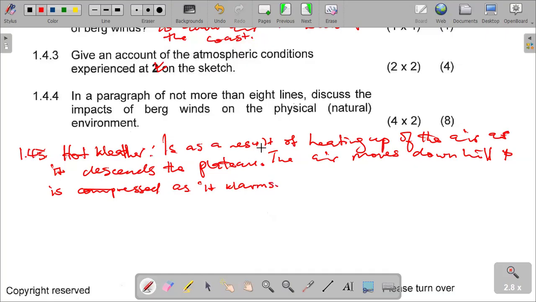That's one thing that is happening there. And then we can also talk about the blue skies. What is causing the blue skies? Give an account of the weather conditions taking place at 2.